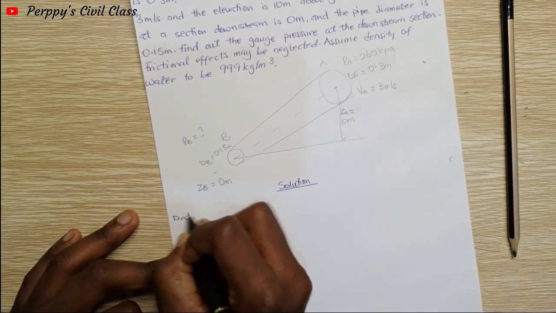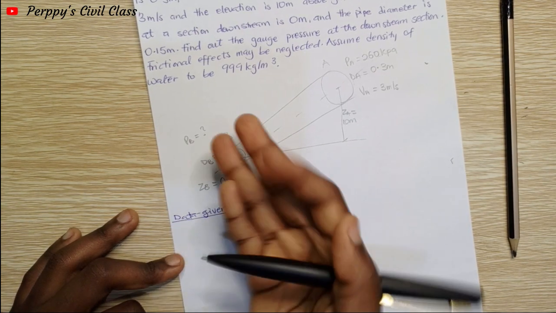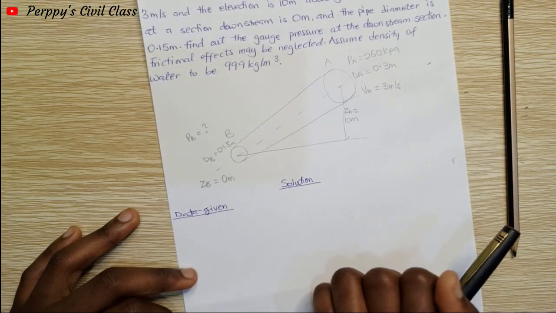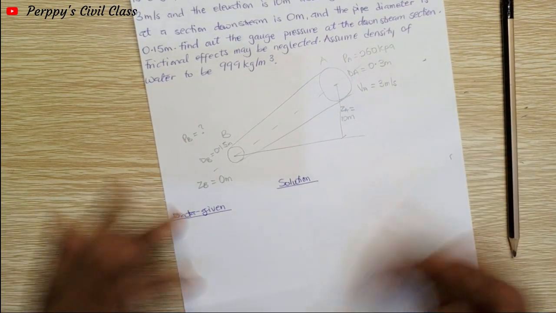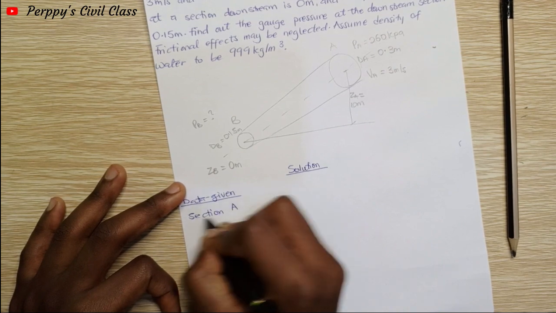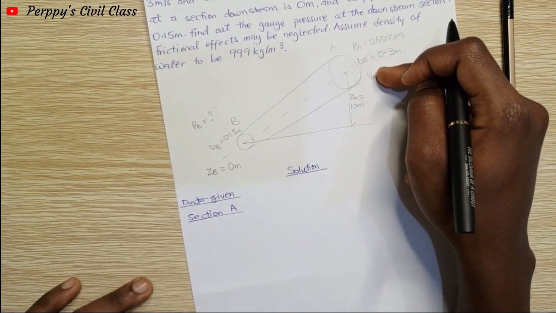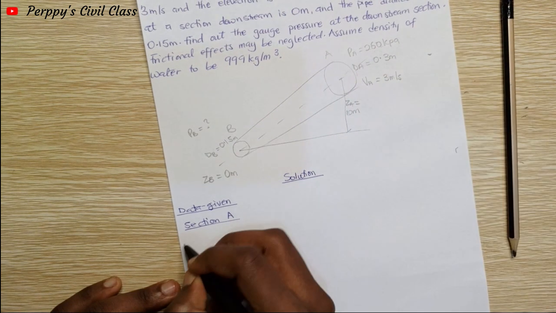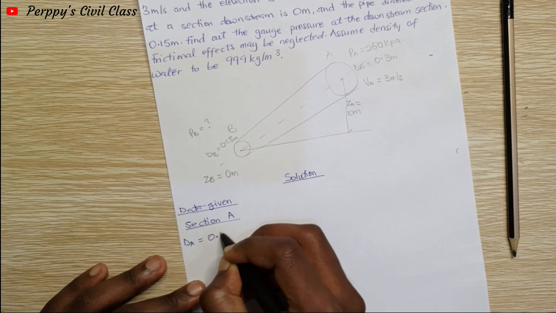Data given. All our data are very clear, so we just pull them out. And since we have the section A part and the section B part, let's group it. Section A of the circular pipe: the diameter at A is equal to 0.3 meters.